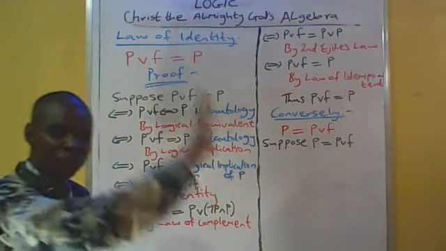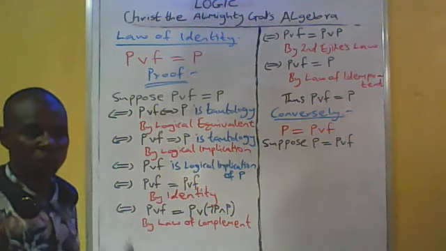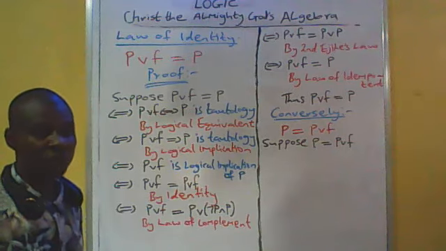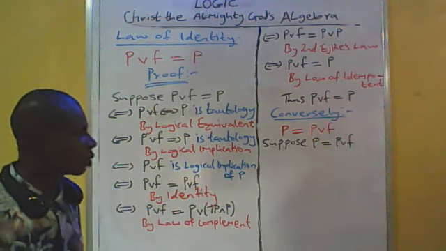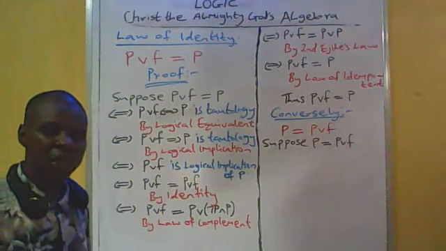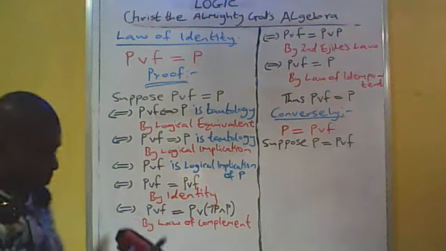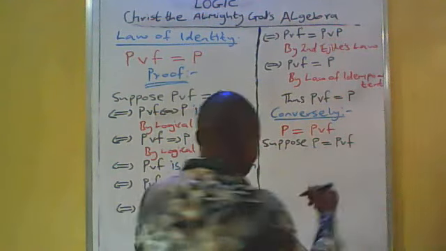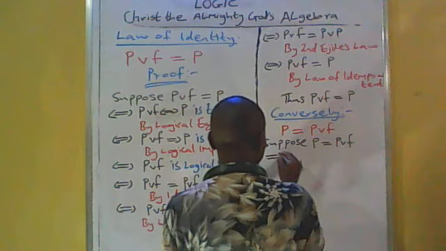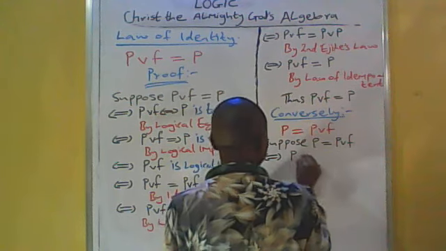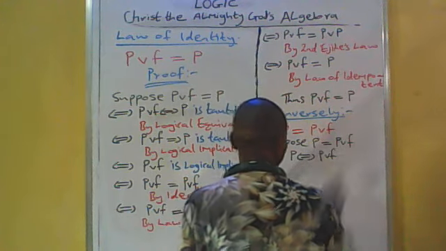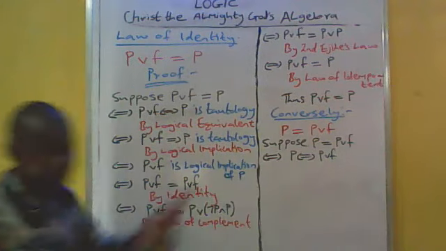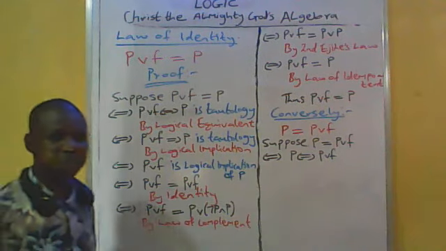Whenever the right equation is false, the left equation is also false. You see, it's logical equivalent. Since it's logical equivalent, we can also transform it to a biconditional statement, that is, if and only if P or F. You have now transformed it to a biconditional statement.